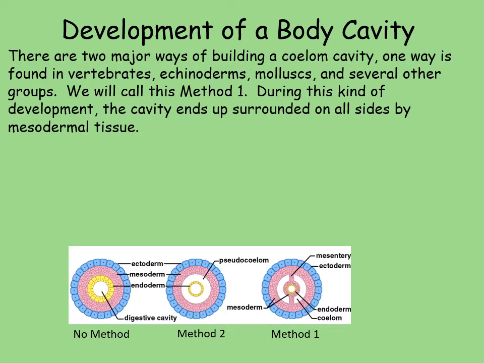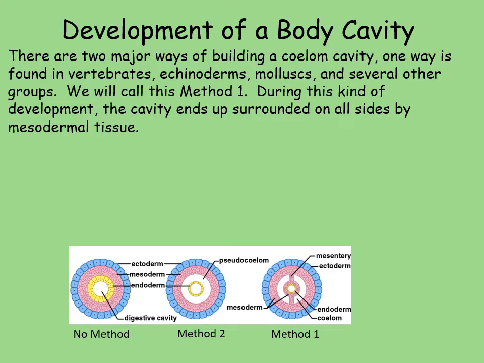So there are two major ways of building a coelom cavity, this cavity that's outside of the gut. One way is a pattern that's found in vertebrates like us, echinoderms, mollusks, and several other groups. Just for now, we're going to refer to this as method one. So that's the way that we develop a coelom.